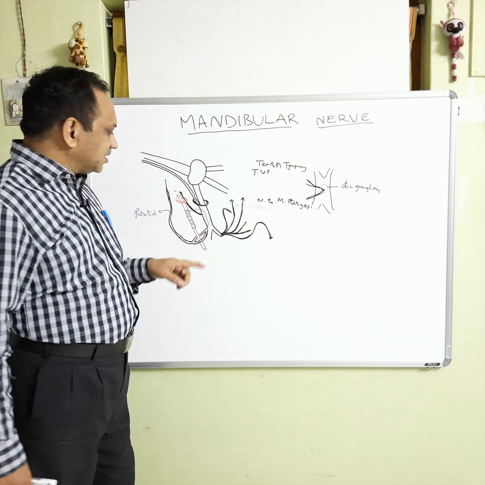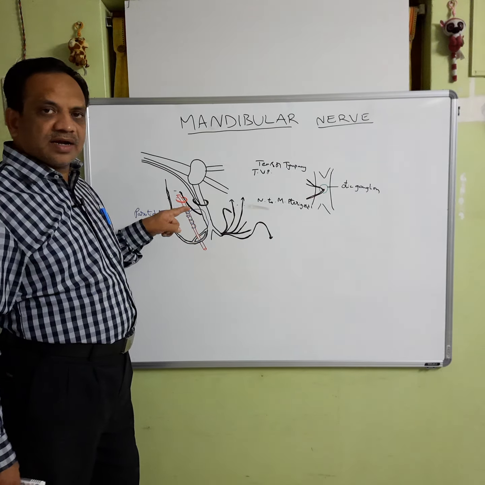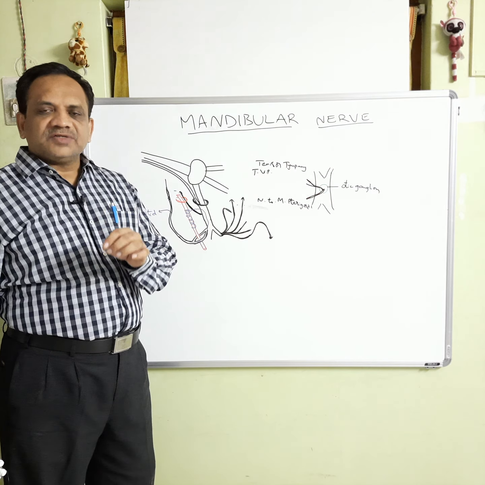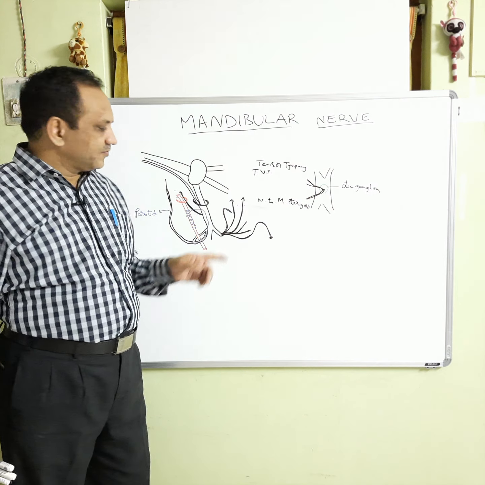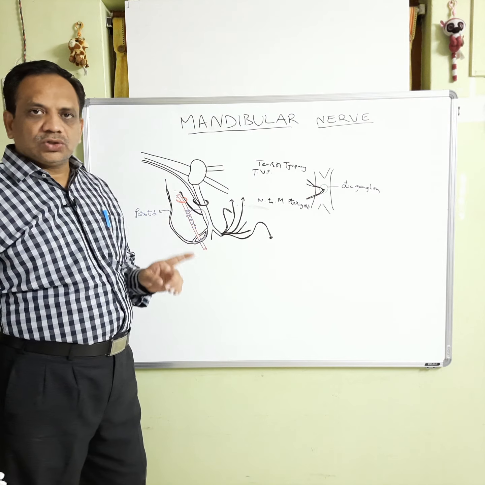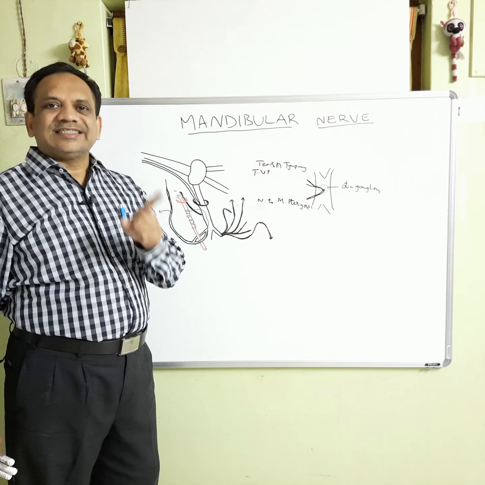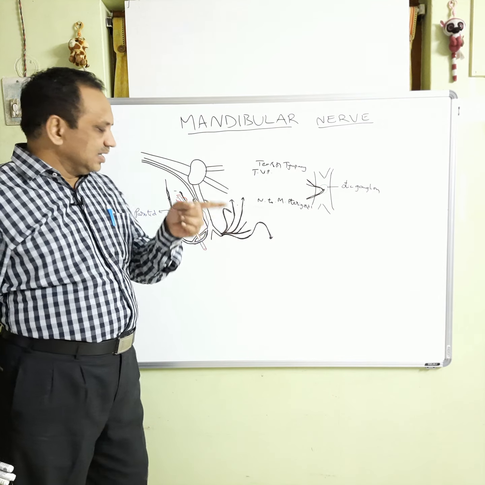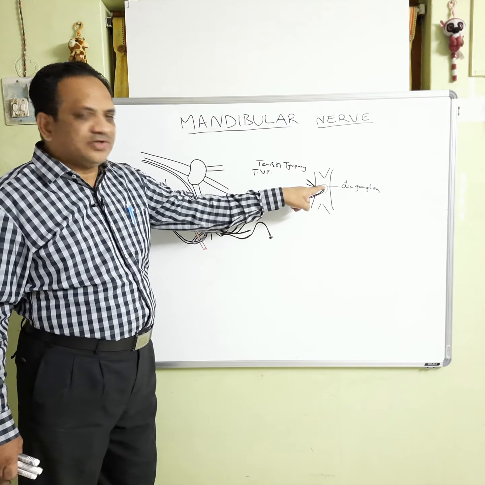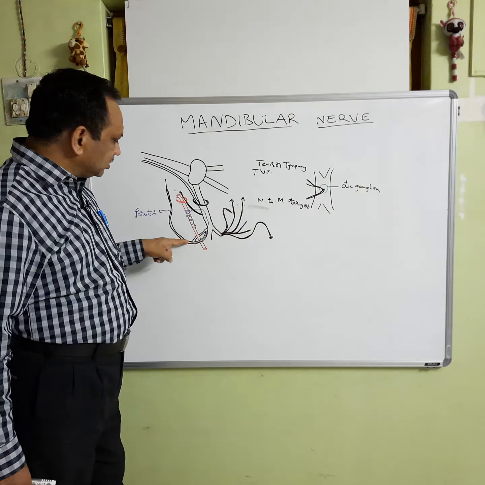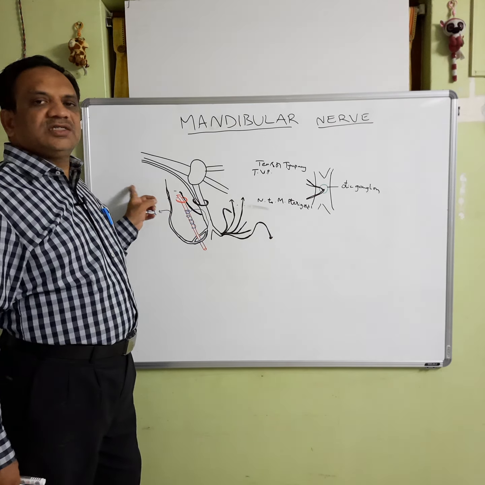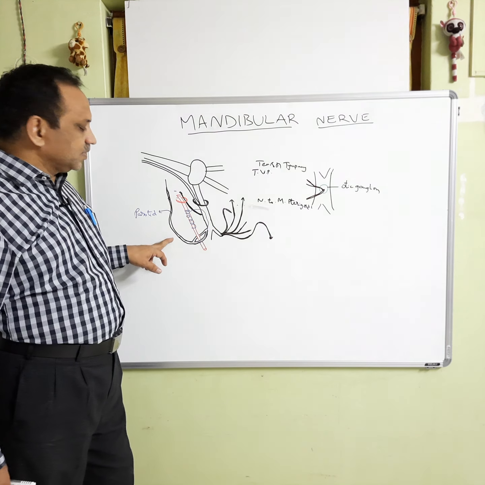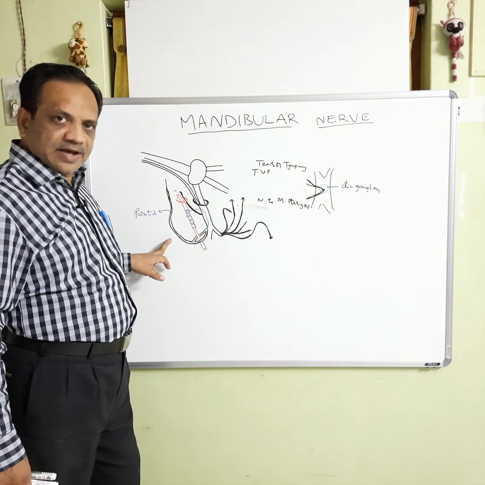Other fibers passing through this nerve are the postganglionic secretomotor fibers, which are parasympathetic in nature from the otic ganglion, and also the postganglionic sympathetic fibers from the superior cervical ganglion. They pass through the otic ganglion without any relay, then pass through the auriculotemporal nerve to reach the parotid gland. These are the fibers we can see in this nerve.